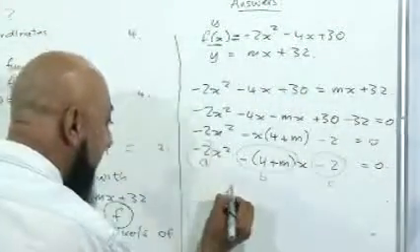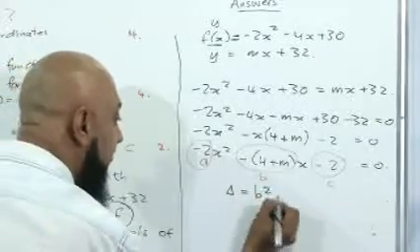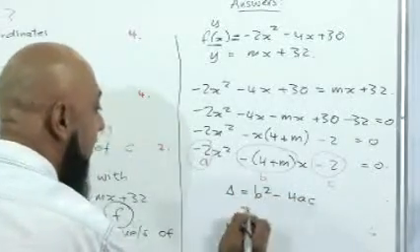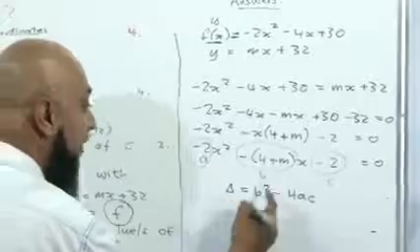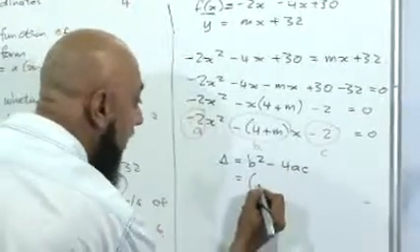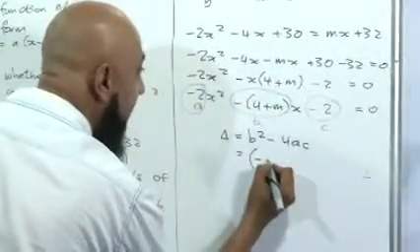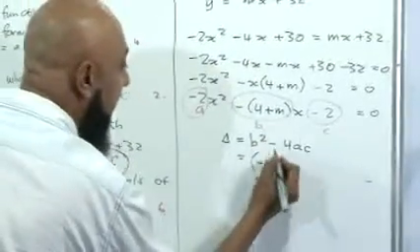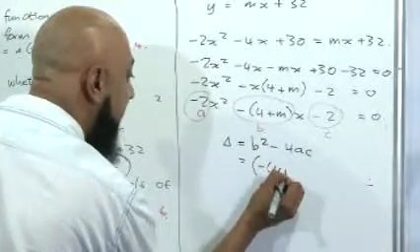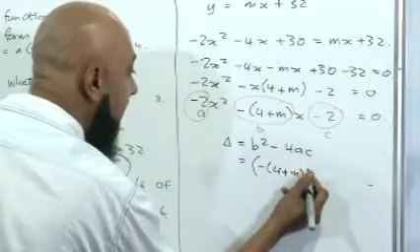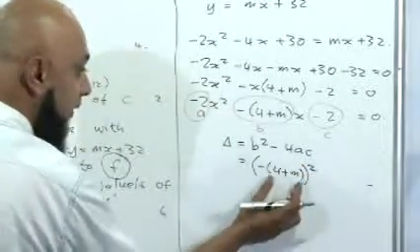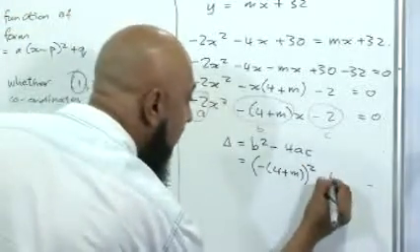So now we go delta. Delta is equal to b squared minus 4ac. Now what do we know? B squared minus 4ac. What is b squared? We've got b squared, let's put it like this, minus 4 plus m, close brackets, squared. There we go. That's b squared. Minus 4.